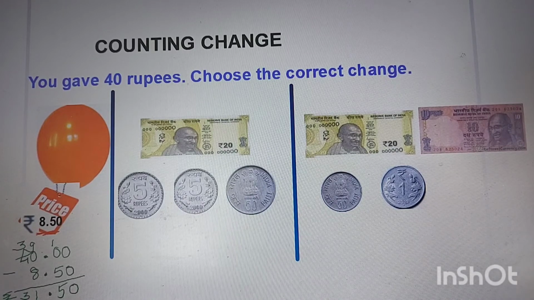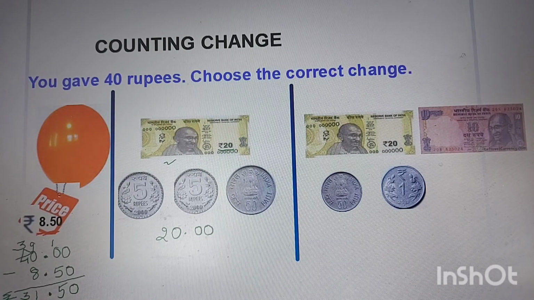Now for the first option, this one, that is a 20 rupee note, rupees 20. So I can write this as 20.00. Then this is 5 rupee coin. So I will write decimal point first. 5 I need to write before decimal point, after decimal point 00.